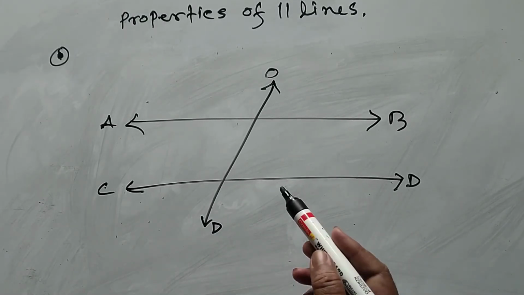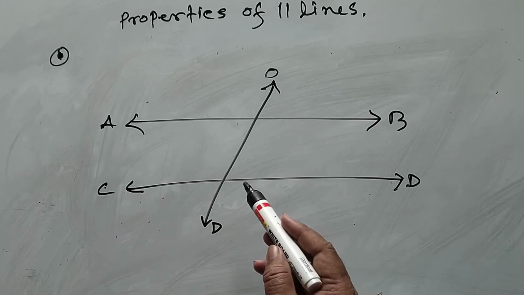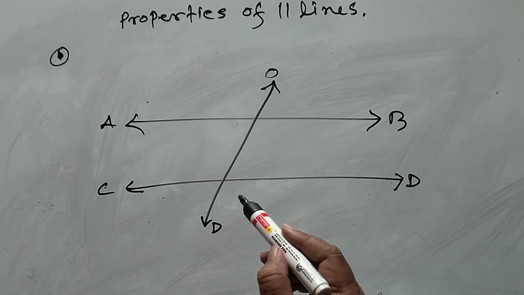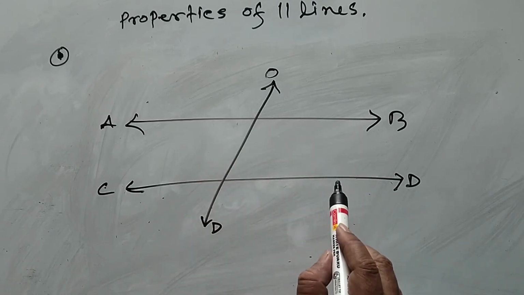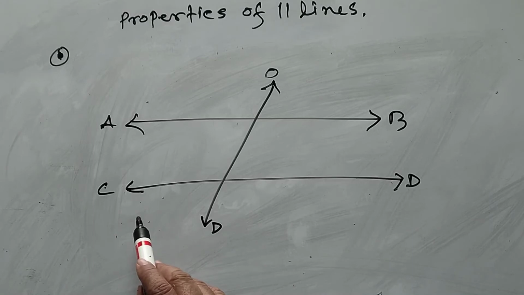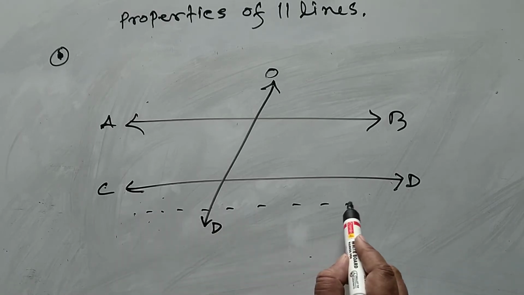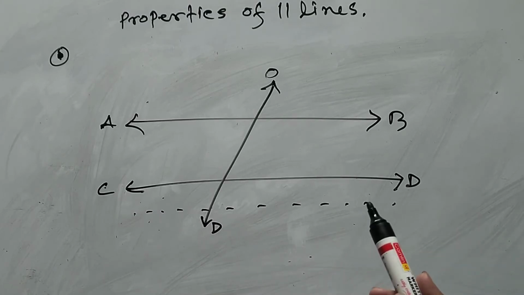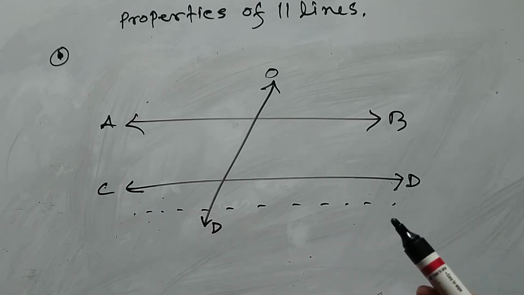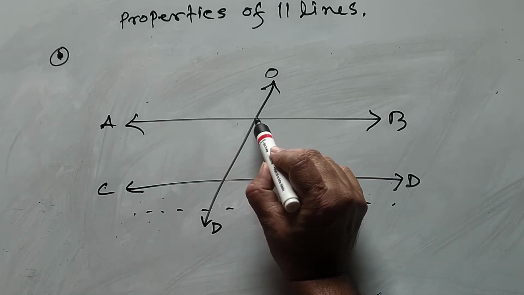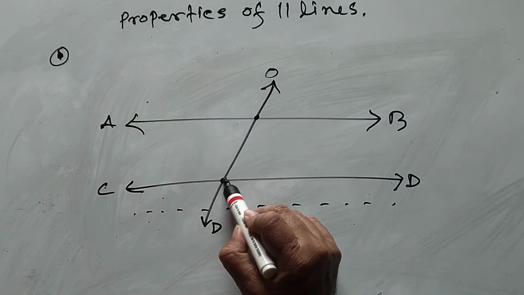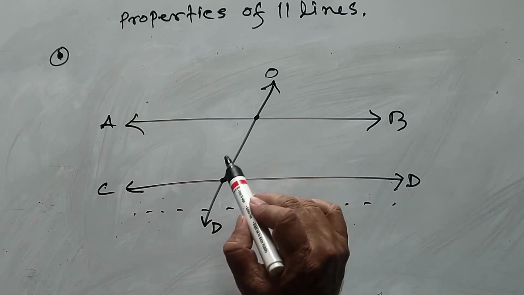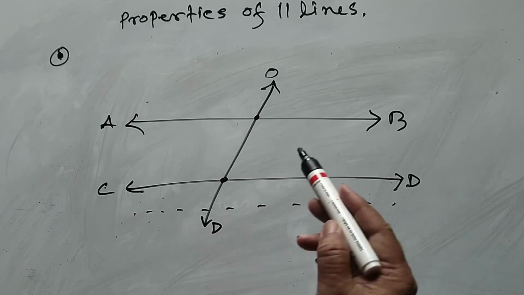The transversal can intersect two or more parallel lines at distinct points. That is why it is distinct, and such a line is called a transversal.